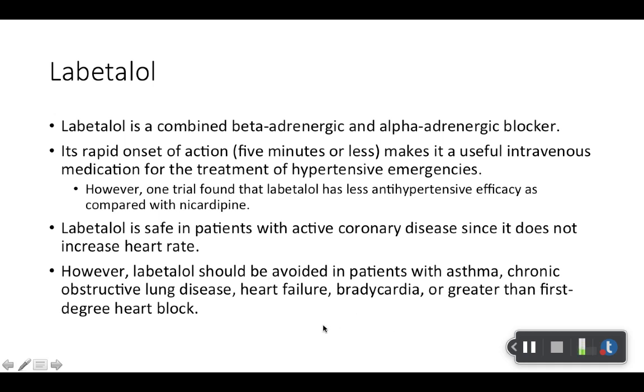Heart failure and bradycardia can also be made worse. But you also have to think about people with breathing problems, such as asthma or COPD, because this can actually cause obstructive or reactive airway, so it makes the asthma or the COPD worse. That's because of its effect on the beta receptor.